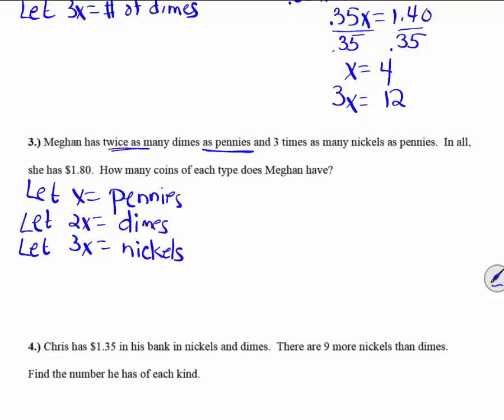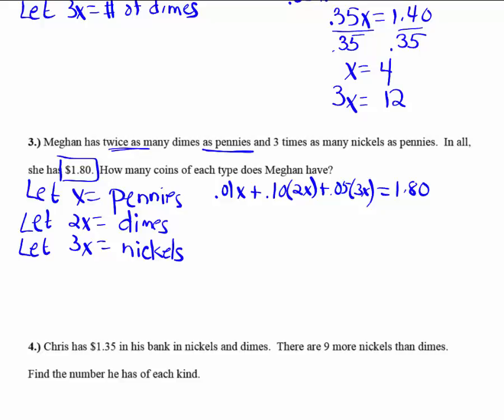And then it tells us in all she has $1.80 total. So 180. Well, what is that 180 made up of? The pennies are worth 0.01, plus the dimes, 0.10 times 2x, plus the nickels, 0.05 times 3x.